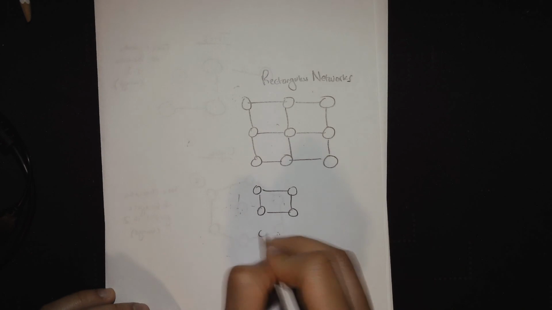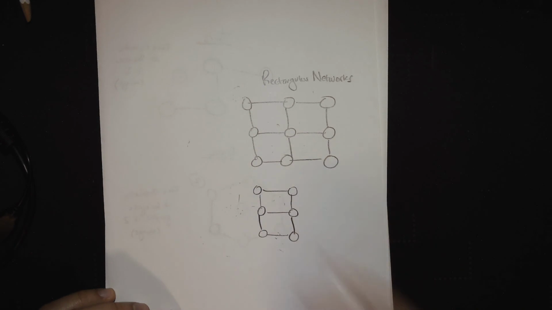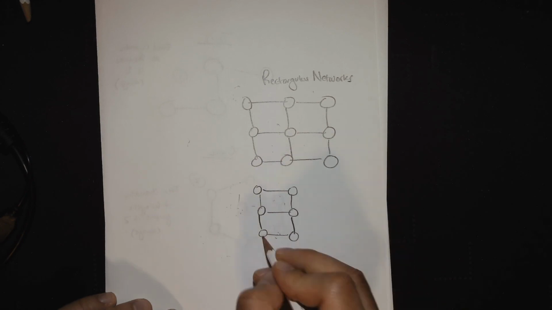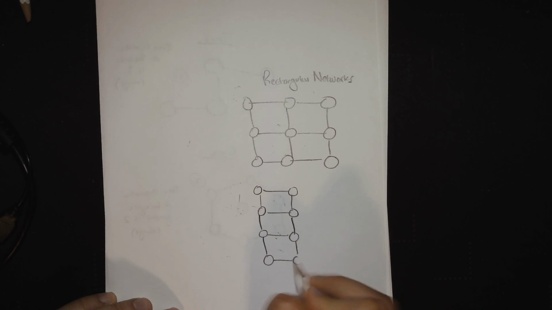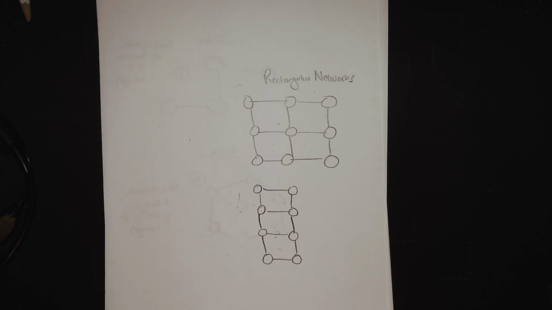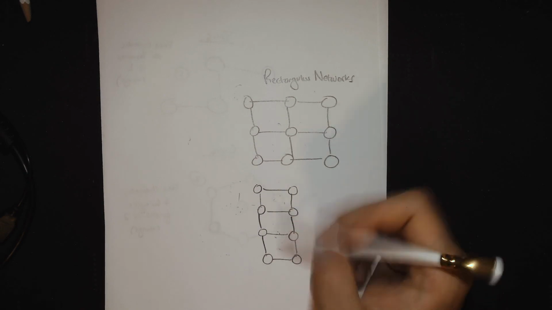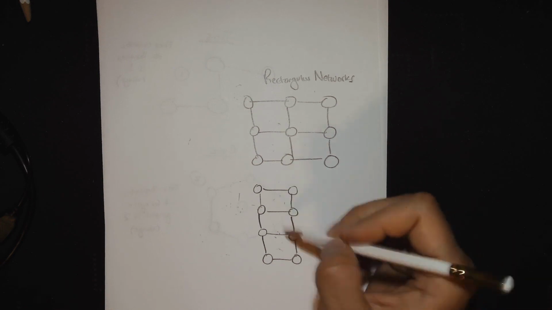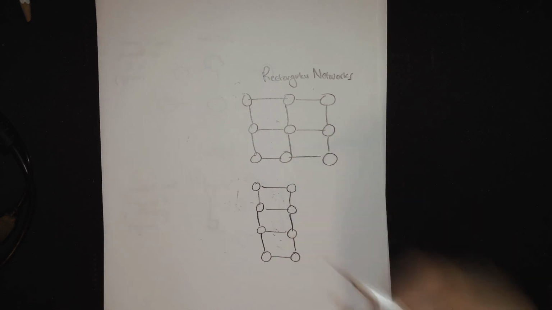And for this one, it's going to be 3, because we have 3 faces that are simultaneously adjacent. For this one, it's going to be 3, still, because we can just color this the same as that one.